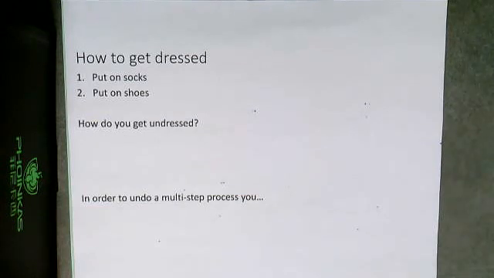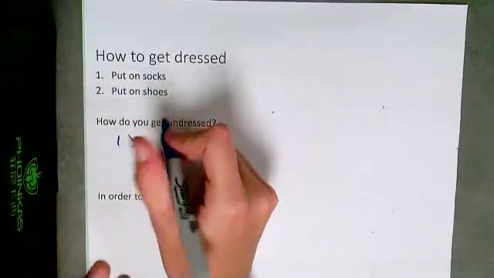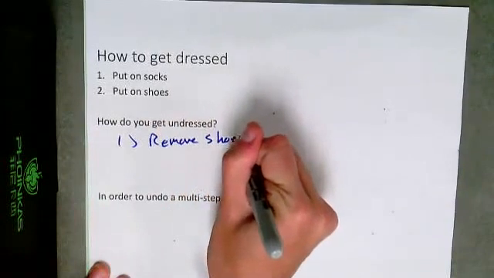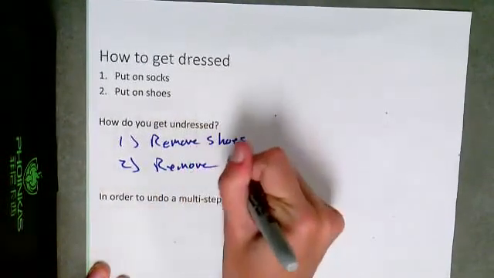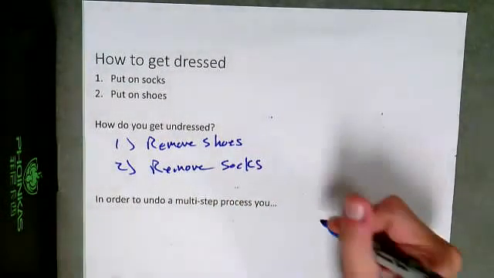If you put on your socks and put on your shoes for getting dressed, as you normally would, how would you undress yourself? Well, 1, remove shoes, and then 2, remove your socks. We did things in the reverse order.